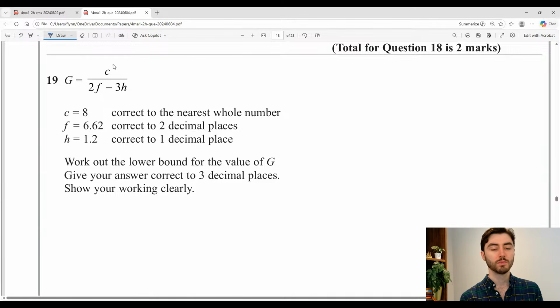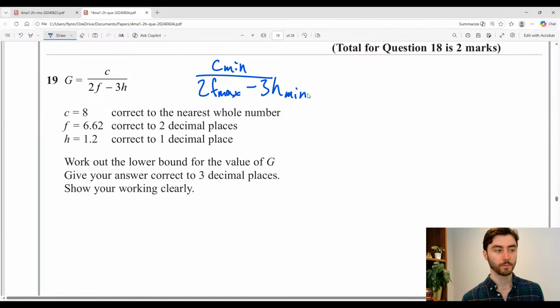So we want the smallest possible number divided by the biggest possible number. And the biggest thing I can get on the bottom is for maximum f minus minimum h. So we want minimum c, maximum f, and minimum h.